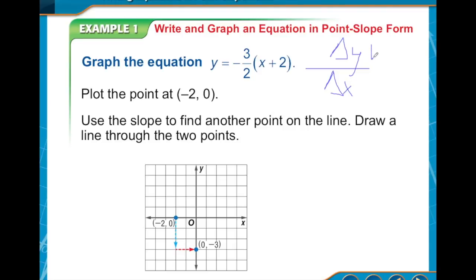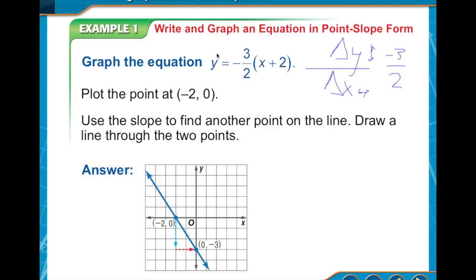Change in y is up and down. Change in x is left and right. So my change going up and down is -3. So I should go down 3 and over 2. From here, I go down 1, 2, 3, over 1, 2, get my second point that I used to find the slope, and then I can draw a line between these.